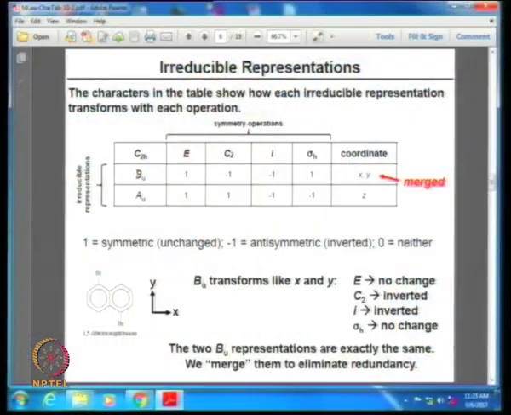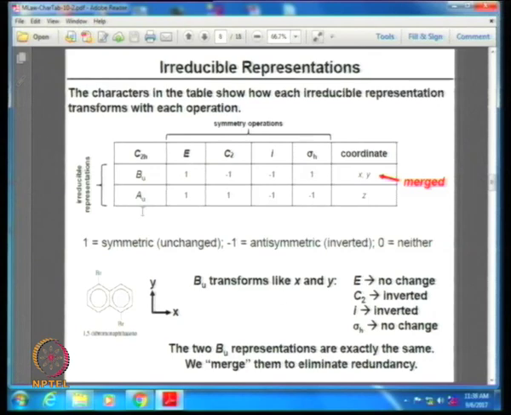So X and Y, these are merged. This is called BU, and the Z one is called AU. This terminology is A, B and E, and we are not going to really worry about it, but you will see it listed all the time. What is interesting to worry about is the fate of which coordinates are covered by this particular representation, and the fate of this is captured by this representation.